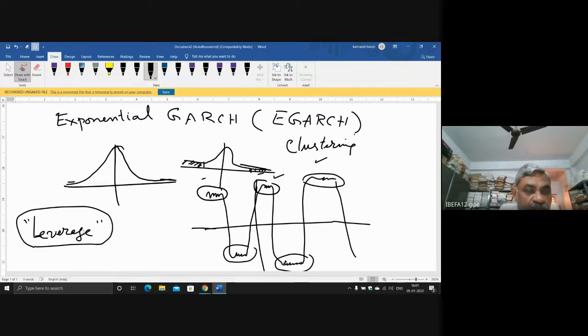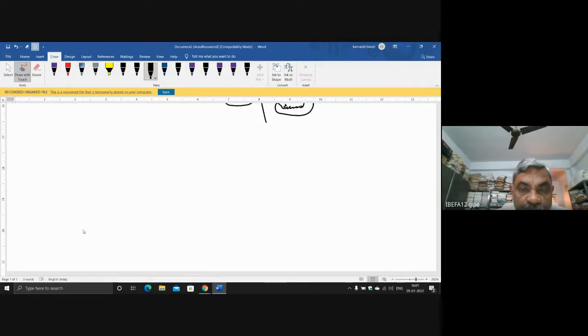So basically in EGARCH models, you have some versions. Depending on the model, you have a modified conditional variance equation. One version of the EGARCH model has been given by Nelson.